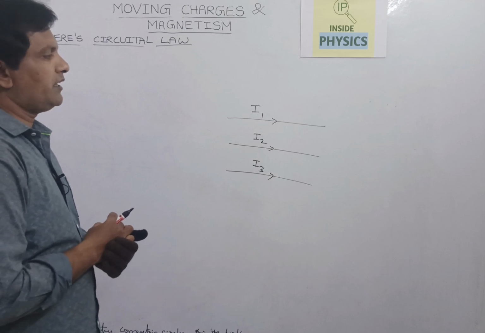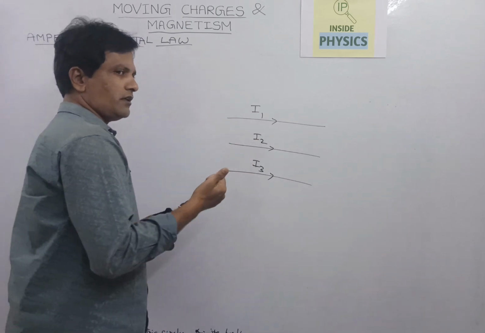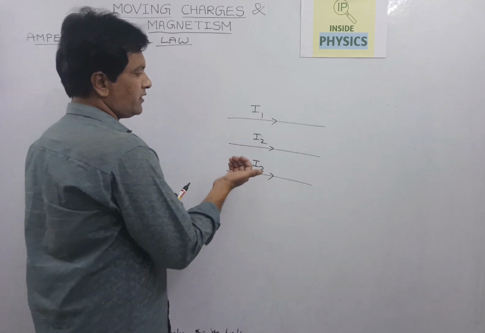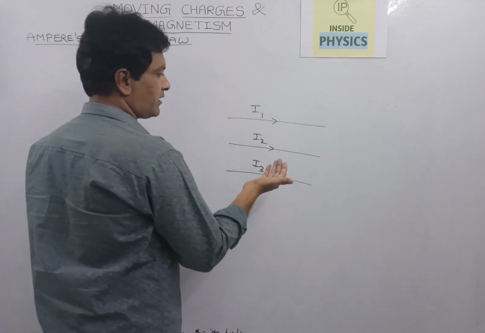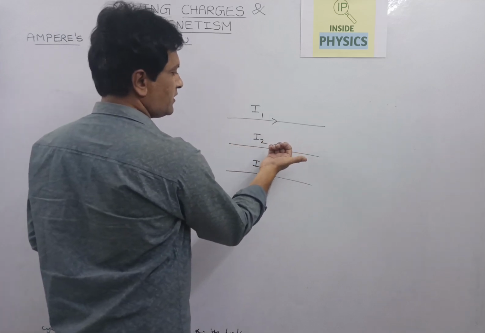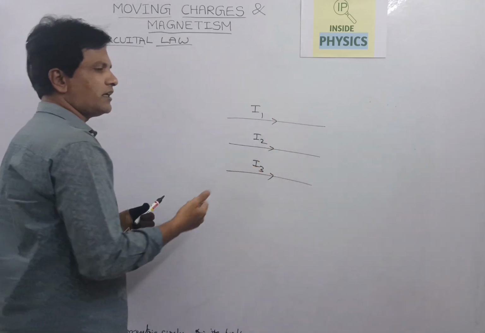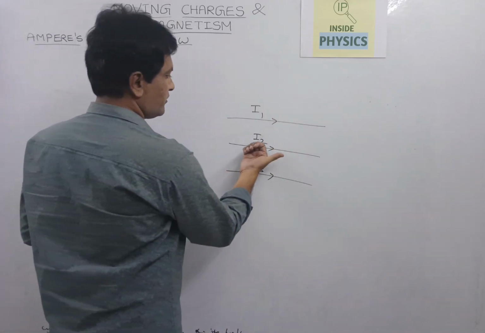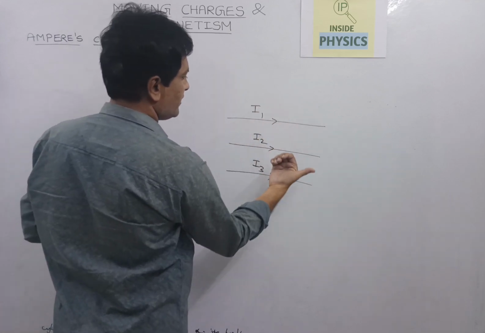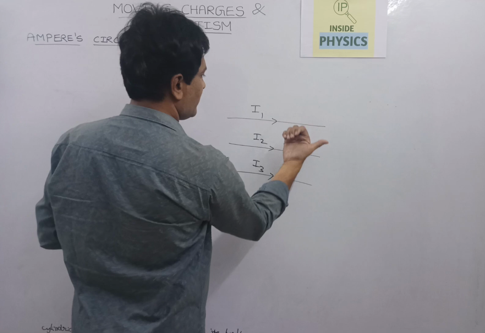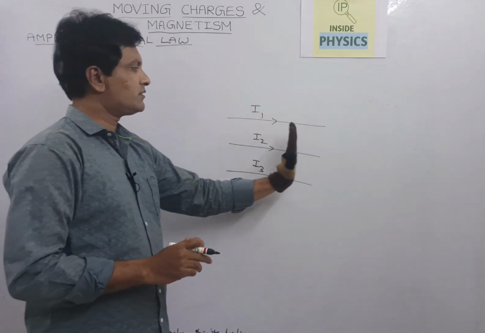How do we get the idea of that circular boundary? If you use the right hand thumb rule, the current flowing across this area is shown by the thumb, and the curl of the fingers shows the boundary that we have taken around this current direction. So you put your hand like this: the thumb shows the current direction and the curl of the fingers shows the boundary you will imagine around the surface area.